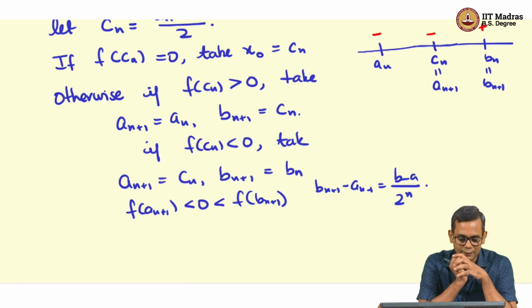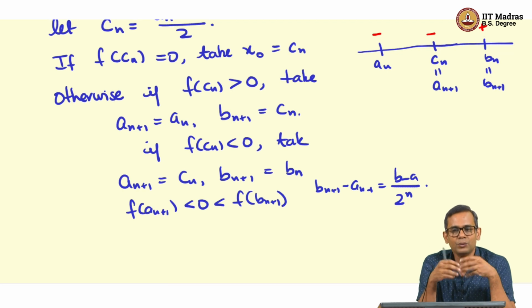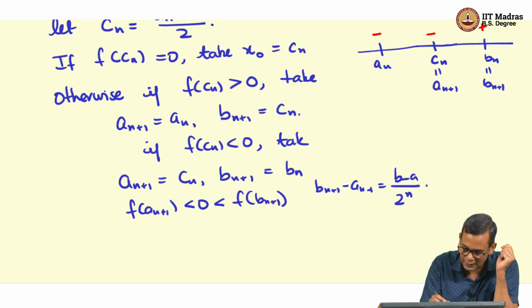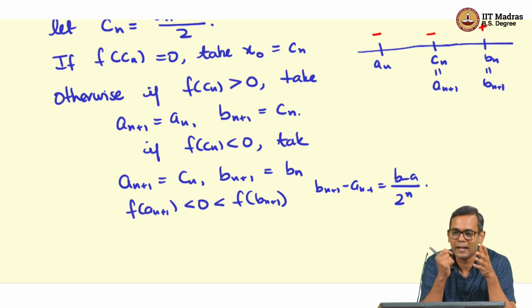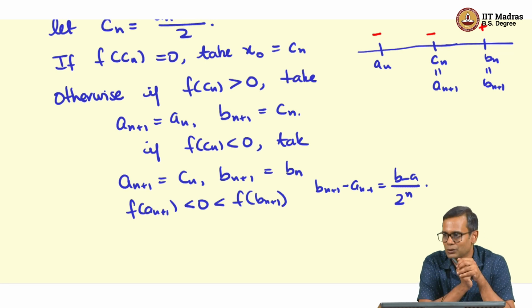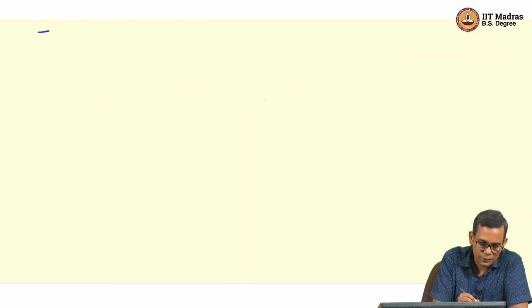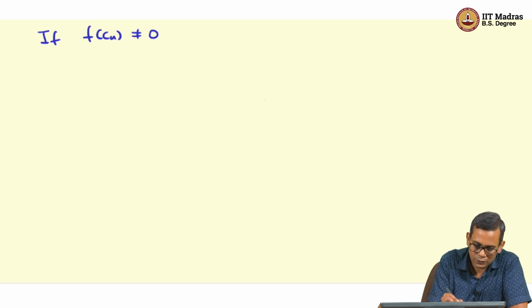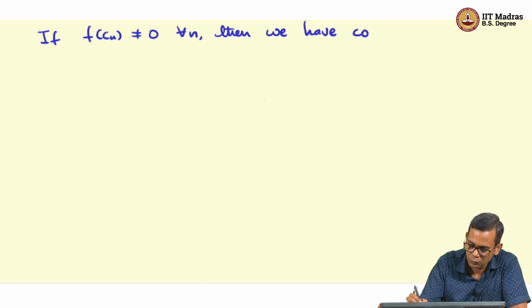So, what have we done? I have given you an inductive process which will either at some finite stage arrive at a point. So, there is this case where f of C n is 0. So, it will arrive at a point where the function takes value 0, in which case we can take that point to be x 0. Otherwise, so if f of C n is not equal to 0 for all n, then we would have constructed two sequences.